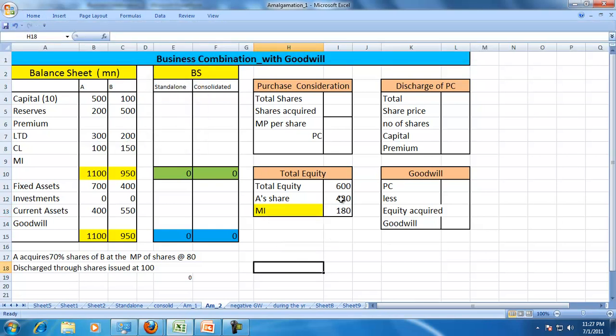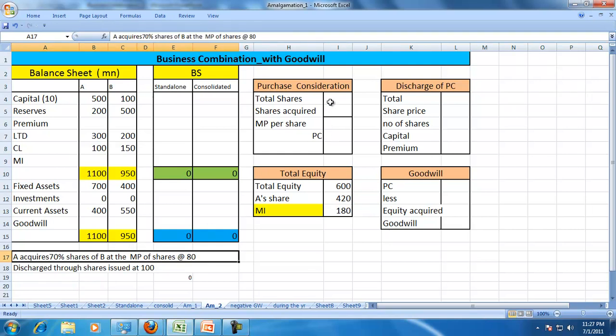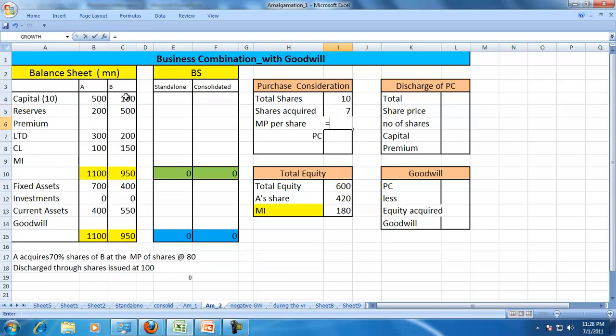If this is A's share, and for this share A is buying at the market value per share, so the total number of shares of B is 10, and the shares acquired are 70%, which is 7, and the market price of the share is 80.